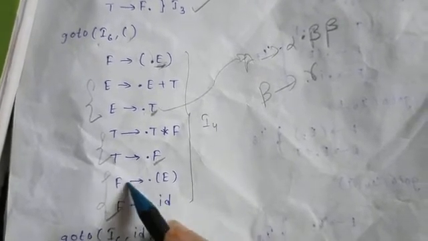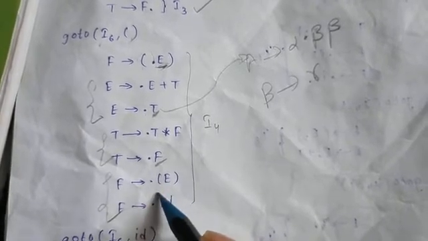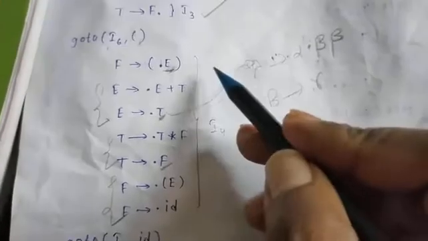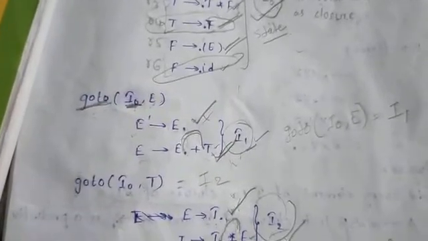Here, in this F there is no non-terminal after the dots, so no need to expand these things. Finally the entire thing will be completed as one state. Before numbering that one, we will check again with I0, I1, I2, I3 and I4.